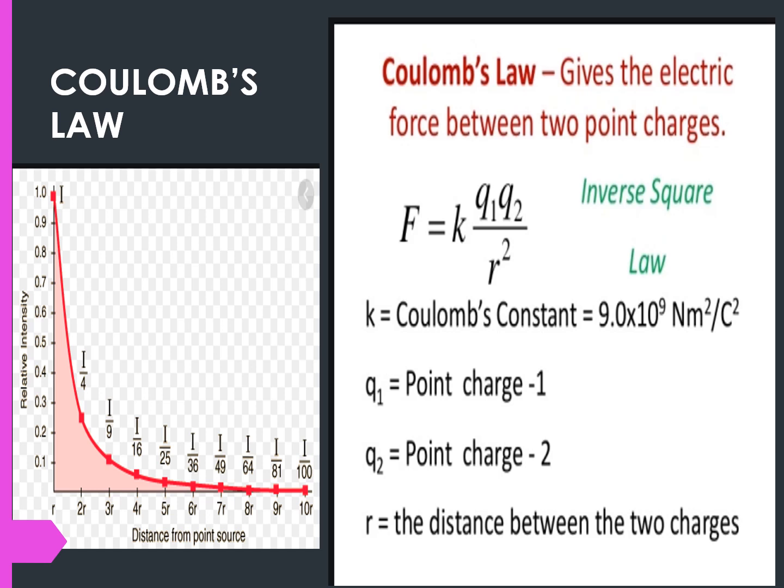So a building can also be a point charge if I consider the building and another building is at a larger distance. For example, one building is in Calcutta, another building is in Delhi. The distance between the two buildings is quite large. Therefore, we can consider that to be a point charge. So it holds good for a point charge. With respect to distance, it has to look like a point.